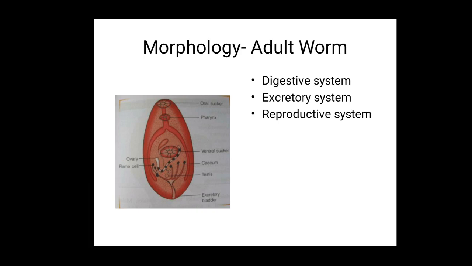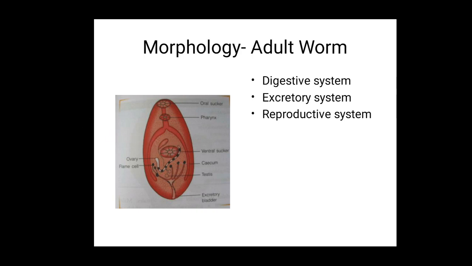The ventral sucker is so big it looks like an opening in its body. So that is the reason this class of helminths is called the trematodes. Trema is for opening in the body. That is the ventral sucker.